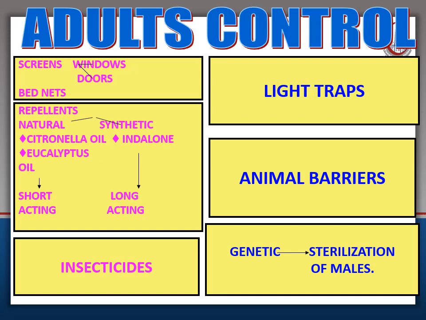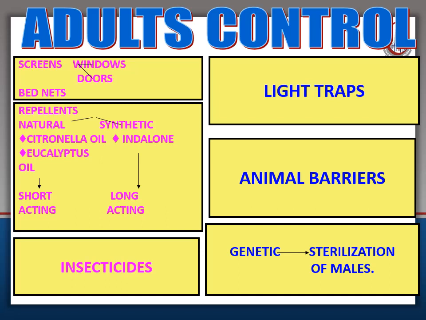Animal barriers, we mean here people who raise animals, so they should construct their houses so that the animal sheds are present outside and their sleeping bedrooms are in the middle. So when these biting creatures come at night in order to have their blood meal, the first thing they meet are the animals, so they bite the animals, have their blood meal, and spare the humans sleeping inside.